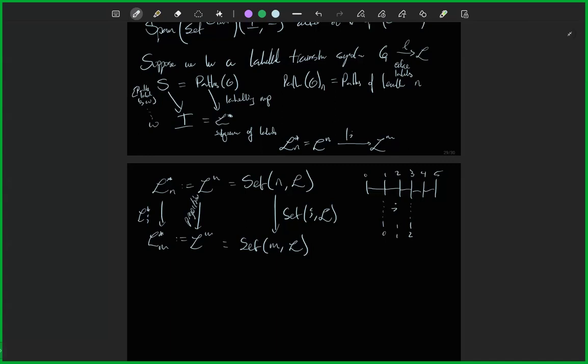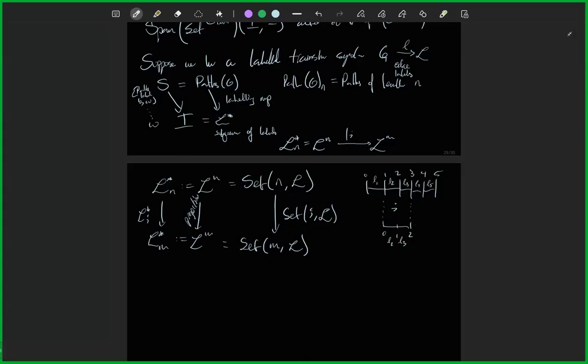This is a length 5 word. So we're thinking of the labeling here as having L1, L2, L3, L4, and L5, right? We're thinking of this as a sequence of jumps, and those jumps happen in these middle pieces here, right? And so this one is supposed to be L2 and L3.